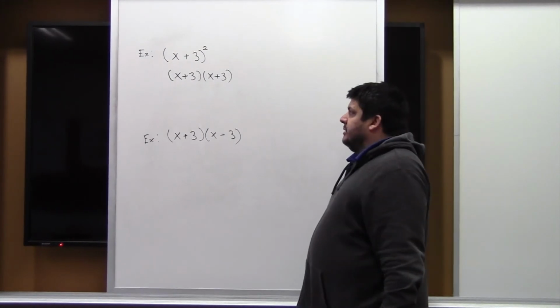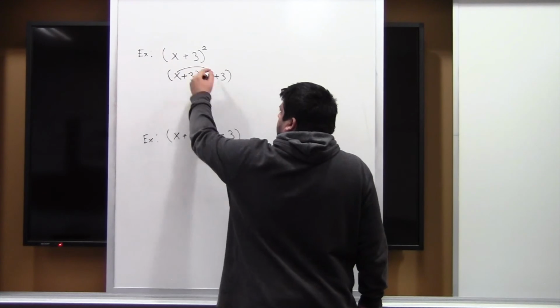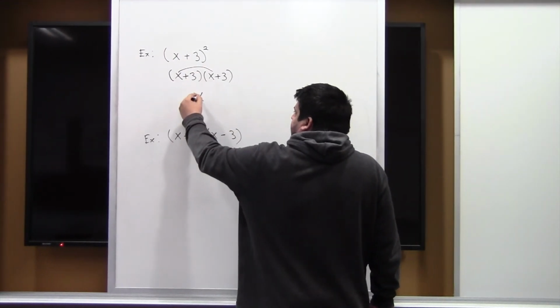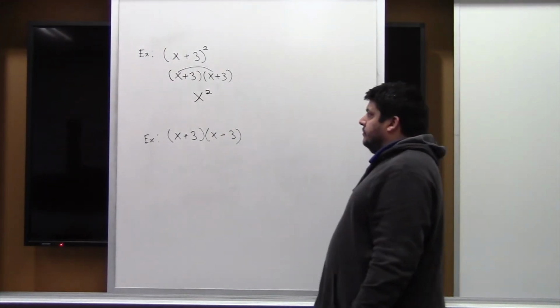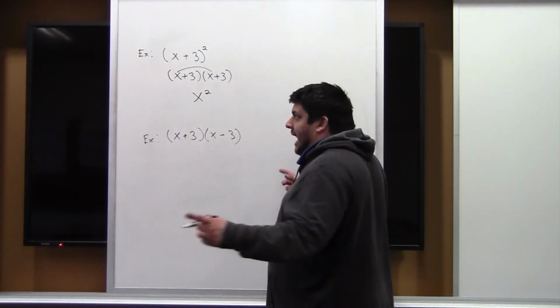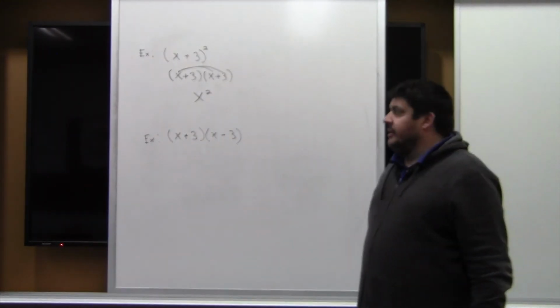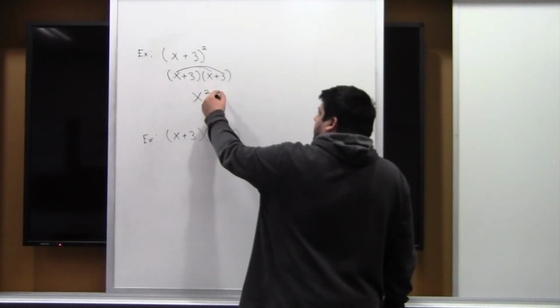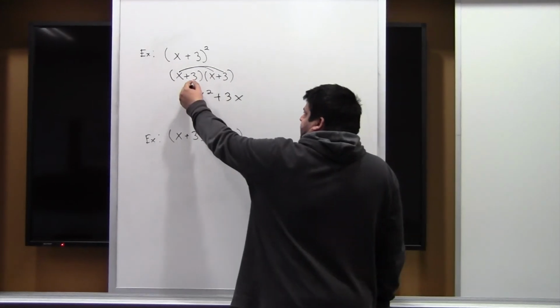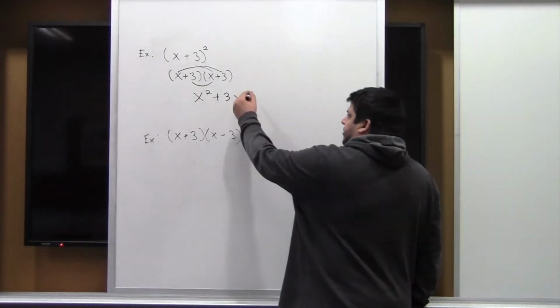Let's use the FOIL expansion to multiply this out. The first two terms, we get x times x, which is x squared. And then we got to do the outer terms, the two outsides, x times 3, that's plus 3x. The inside terms, 3 times x, that's plus 3x.